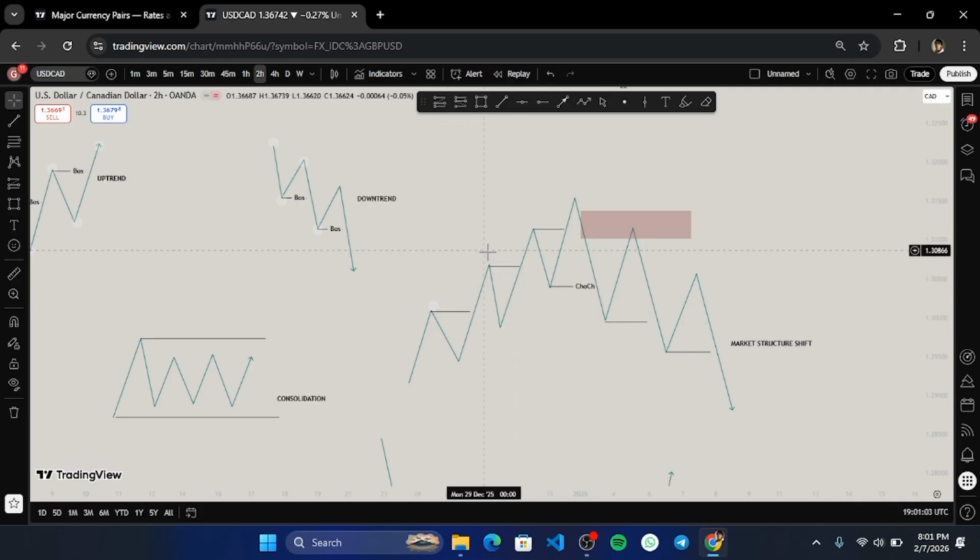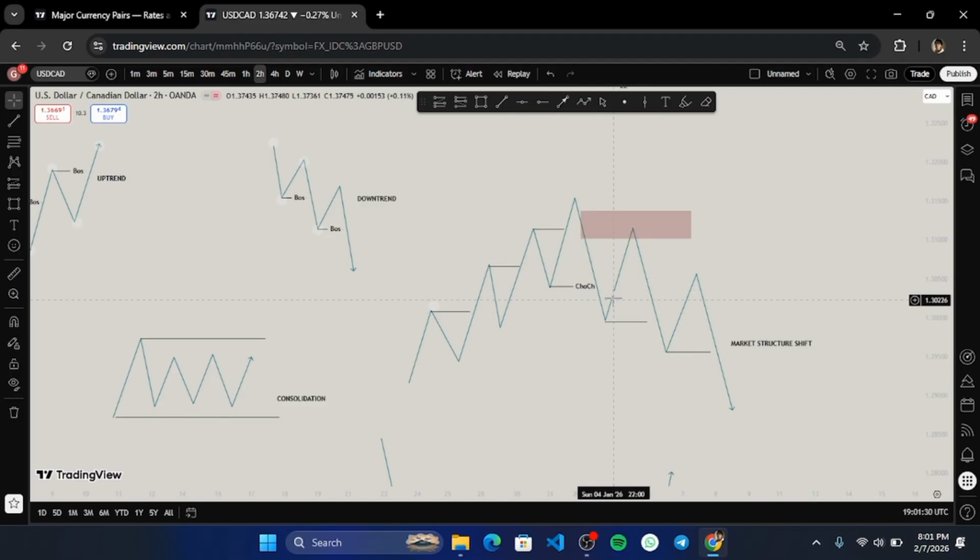In this uptrend, we know that this is a higher low, but in an uptrend, the market is not supposed to close below this higher low. So anytime the market closes below a higher low, it means that the market is about to change the movement from an uptrend to a downtrend, depending on what structure the market is sitting on. So at this point, we see that the market now broke below this higher low, which is not supposed to happen in an uptrend.